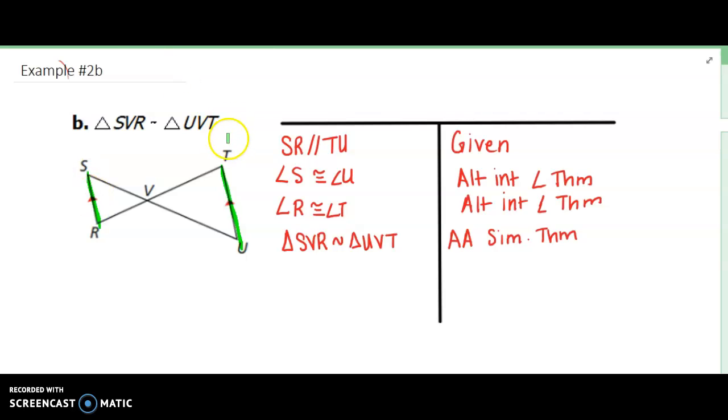And then I pulled out of there that T and R are congruent, and then S and U are congruent, and that gave me angle-angle similarity theorem. Some of you probably pulled out that vertical angles are congruent, and then one of these two other pairs, which is perfectly fine as well. But either way you have it, you only have to prove two of the angles are congruent, and then you'd prove it by the angle-angle similarity theorem.